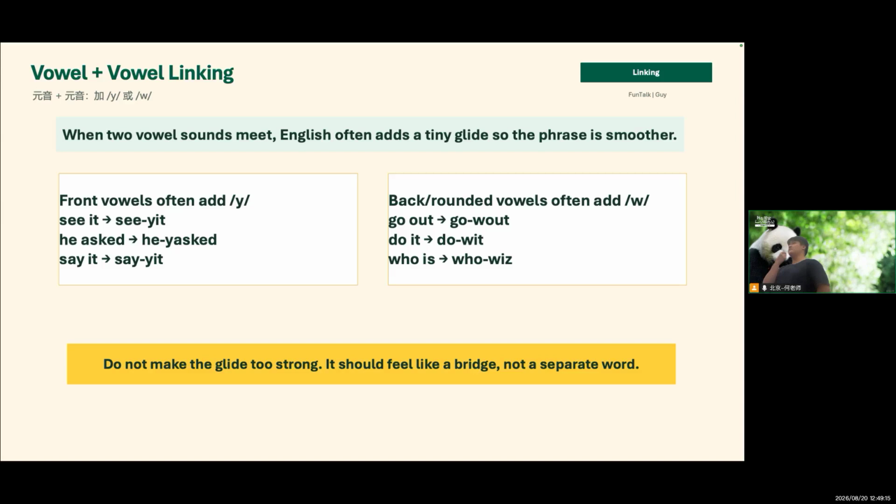It's the same circle, right? So when you say go out, it's go out, W, go out. Do it, it's also W. Do it. Who is? That makes sense? The shape of your mouth?